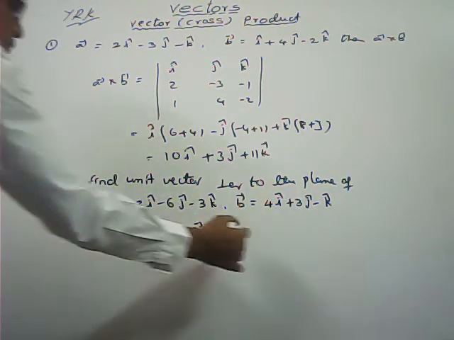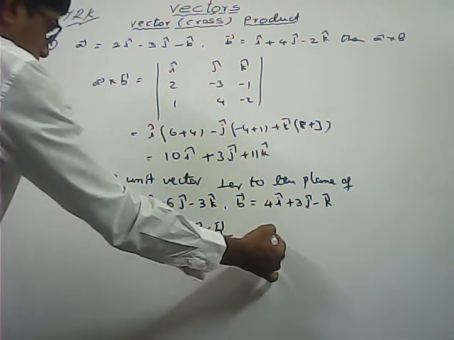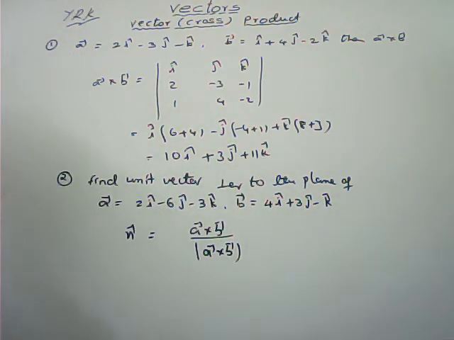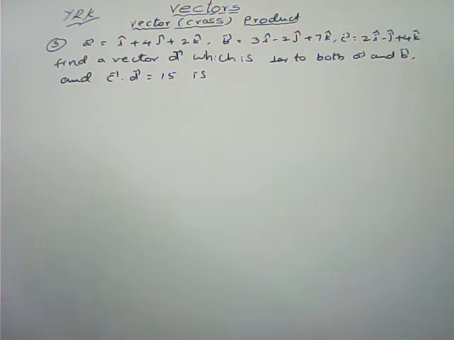After getting that one, you can write down that vector in the numerator divided by its modulus. Modulus means root of x square plus y square plus z square. Here we can get unit vector that is perpendicular to both the given vectors. Here this is very important. After solving this one, the same related model question I will give for practice also.